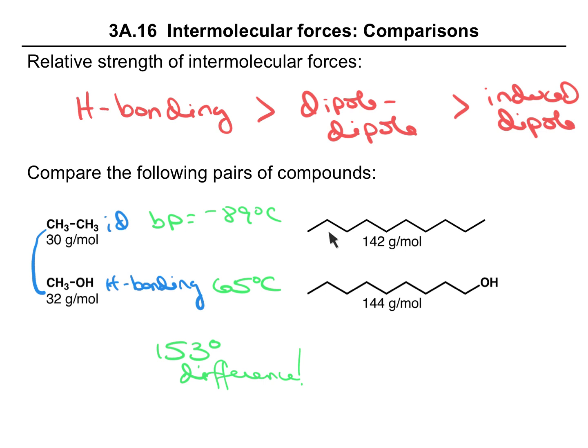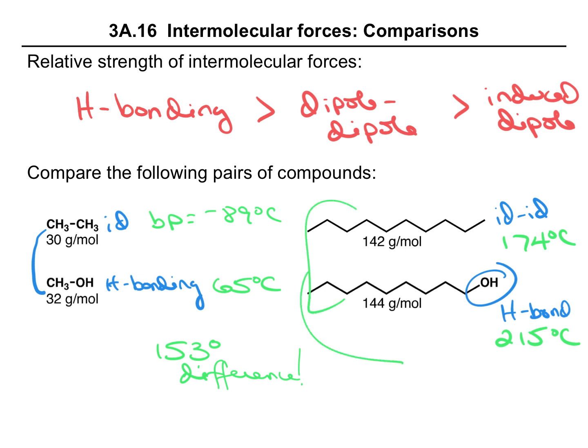Now, if we look at this pair of molecules, 142 compared to 144 grams per mole, once again, this molecule would be held with other molecules by induced dipole interactions, and then this one is capable of hydrogen bonding. And for these molecules, the boiling point is 174 degrees Celsius compared to 215 degrees Celsius. So between these two compounds, our difference is 41 degrees. Here, hydrogen bonding led to a 153-degree difference.